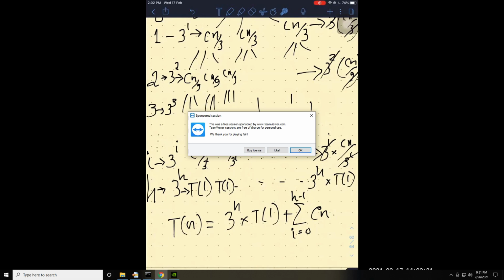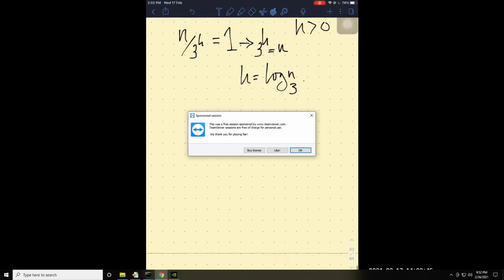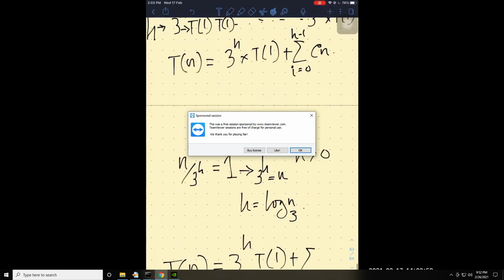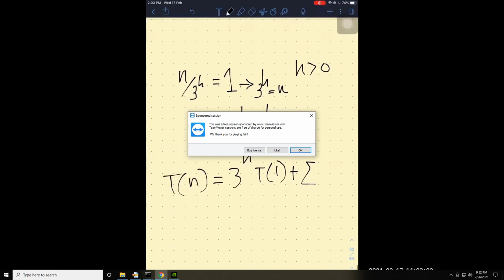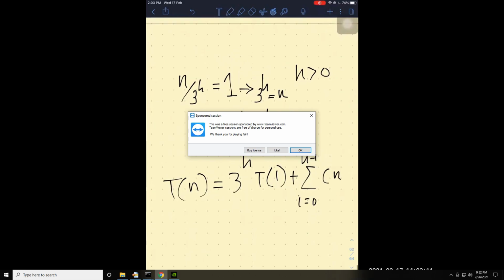So then if we replace this equation, we'll get T of n equals 3 to the power h times T of 1 plus the summation, i equals 0 to h minus 1, of c of n.